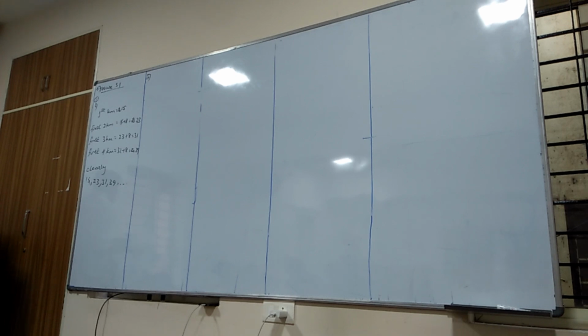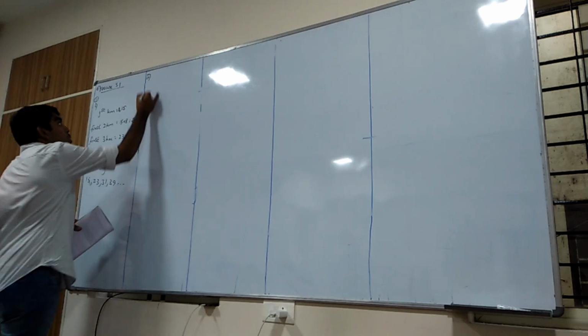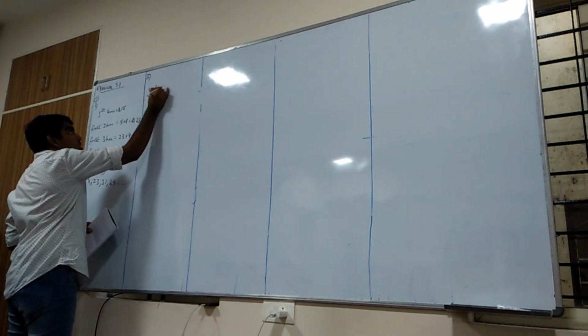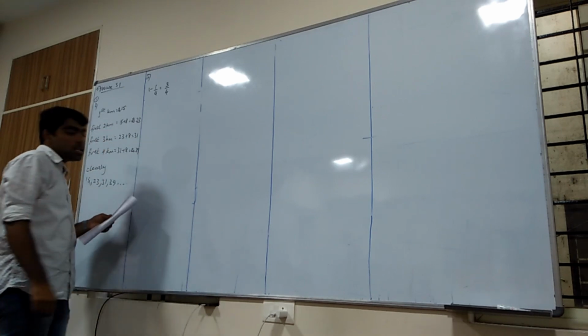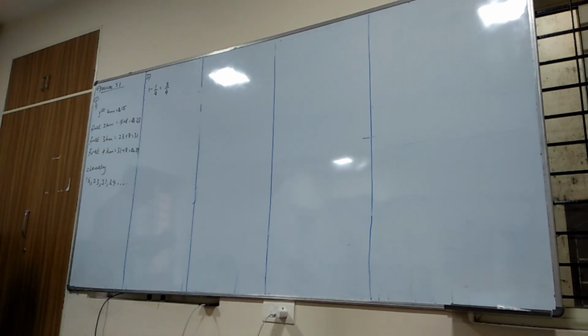In other words, after every stroke, 1 minus 1/4, how much is it? 3/4 part of the air is remaining. In other words, after every stroke, 1 minus 1/4, which is equal to 3/4 part of air, is remaining.